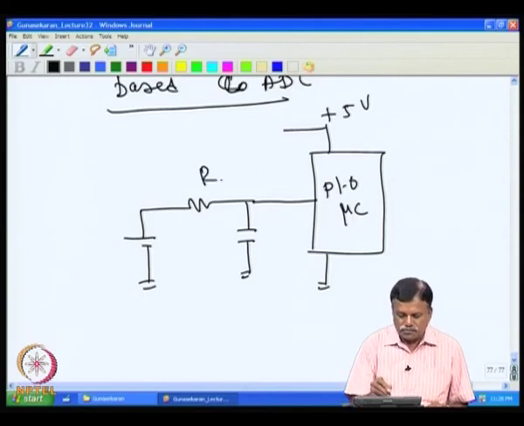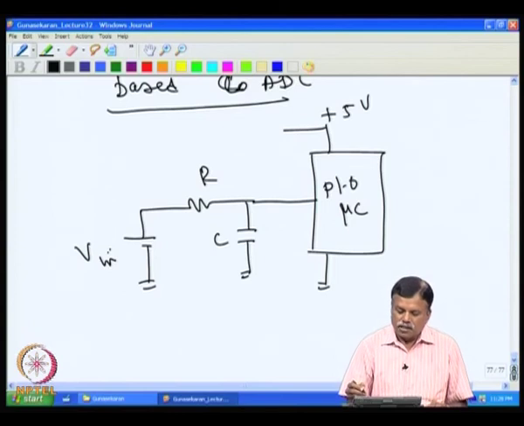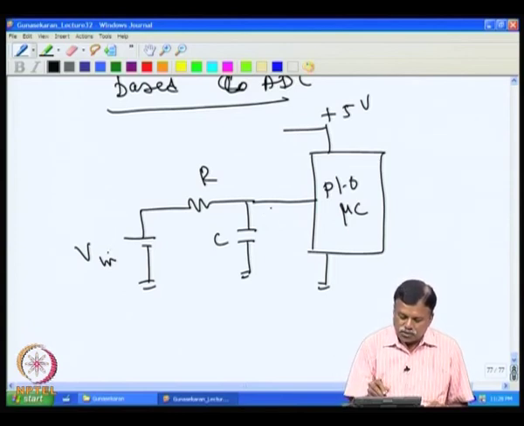Now, that is V in. What we can do is have a switch connected across this to discharge. So, I can have a switch connected here, that is a MOSFET switch.